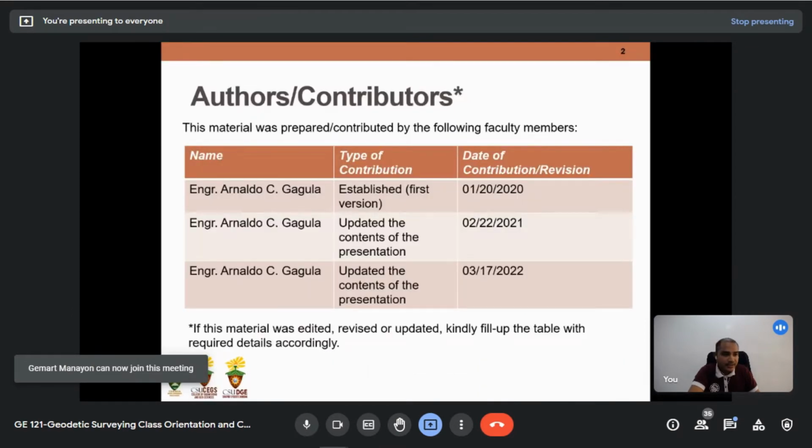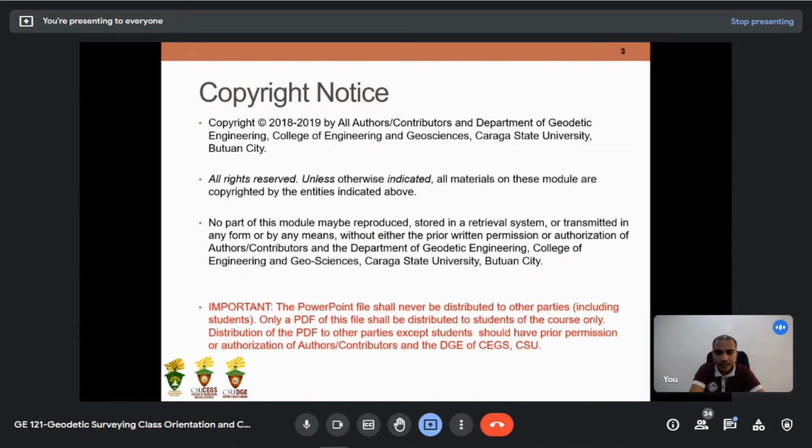This material is authored and contributed by these faculty members, and the contents of this presentation are updated. And here is the copyright notice. All the lecture materials are copyrighted by the Department of Geodetic Engineering of Caraga State University.